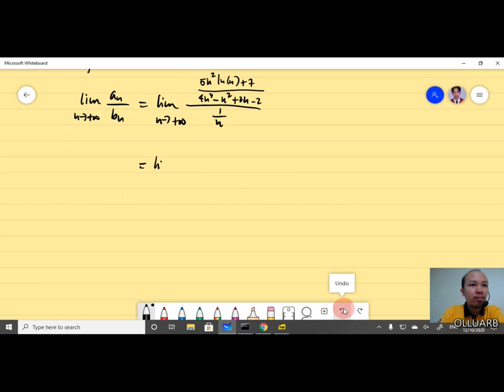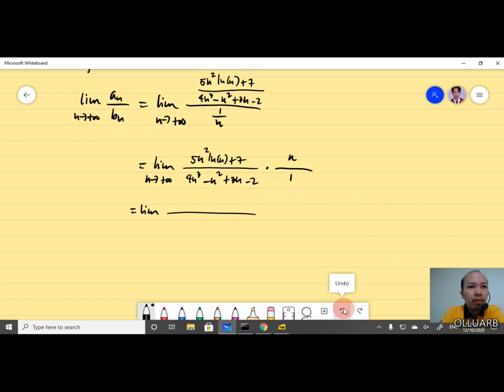Okay, let's further simplify. We have the limit of 5n squared ln of n plus 7 over 4n cubed minus n squared plus 3n minus 2 as n approaches positive infinity, and you have n over 1. Simplify, we have 5n cubed ln of n plus 7n over 4n cubed minus n squared plus 3n minus 2 as n approaches positive infinity.